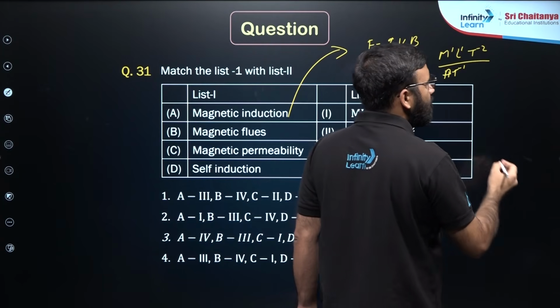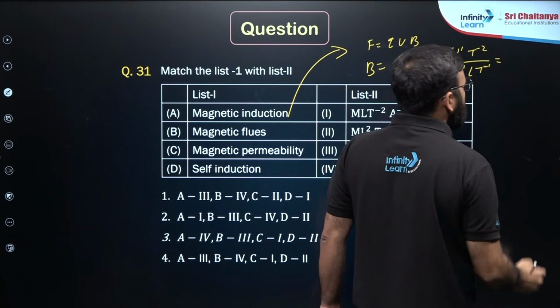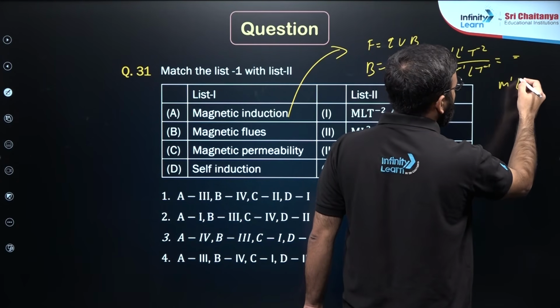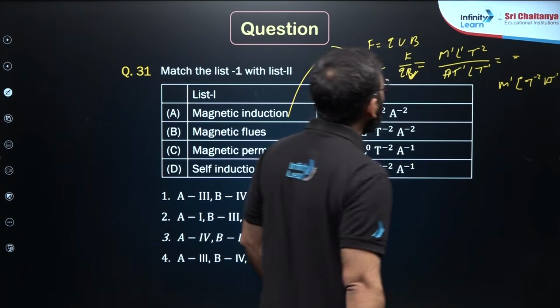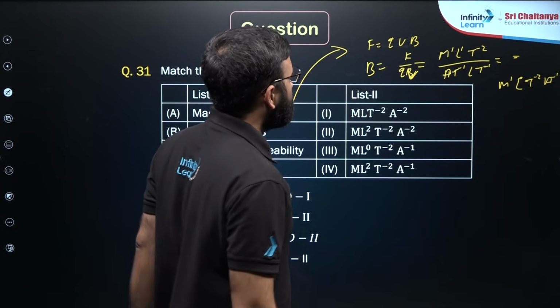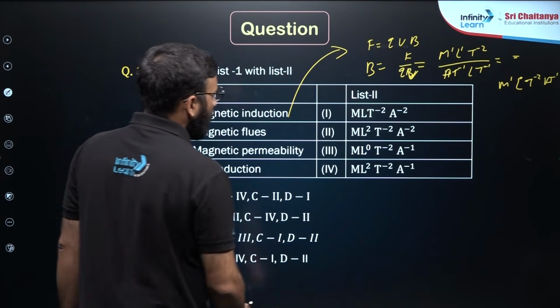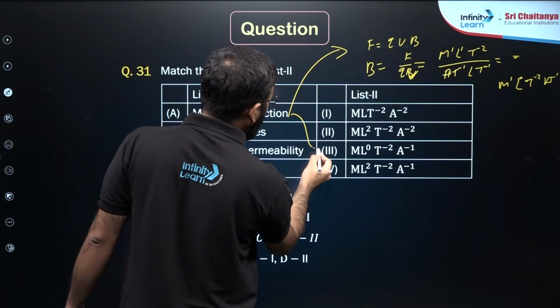Meter per second, so L1 T minus 1. Solving this, you get M1 L0 T minus 2 A minus 1, because L cancels out. So which option is correct here? M L0 T minus 2 A minus 1. So first one matches with the third one.